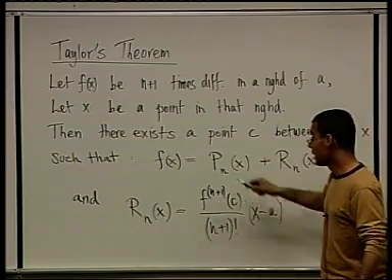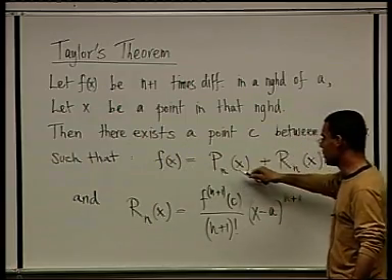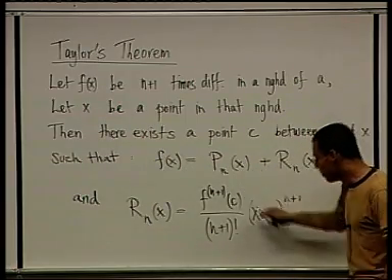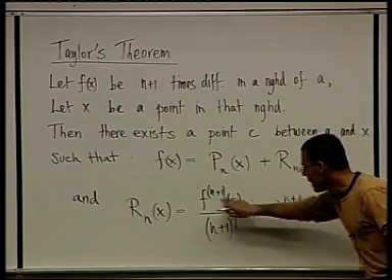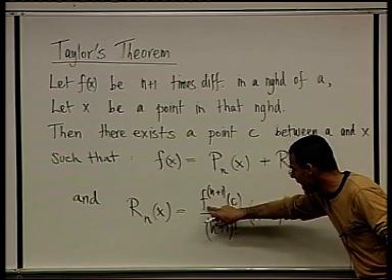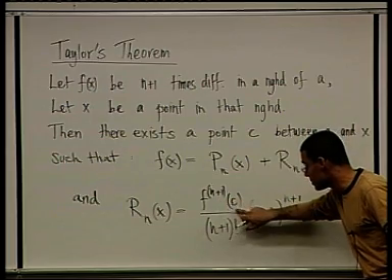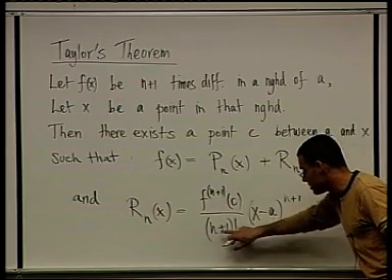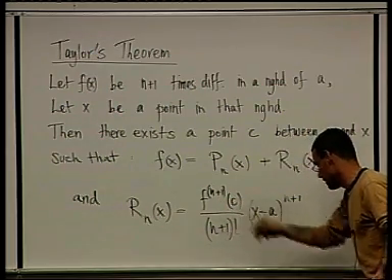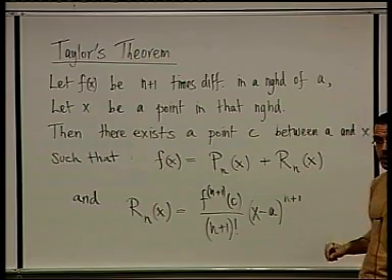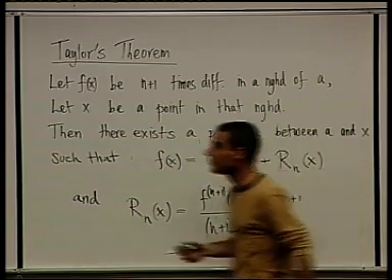f of a. So f of x equals f of a plus, when I plug in 0, I get f prime at c divided by 0 plus 1 factorial, that's like doing nothing, times x minus a. Let's write that.